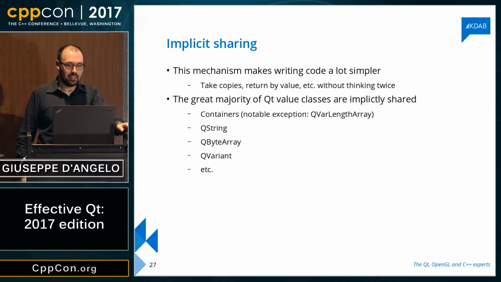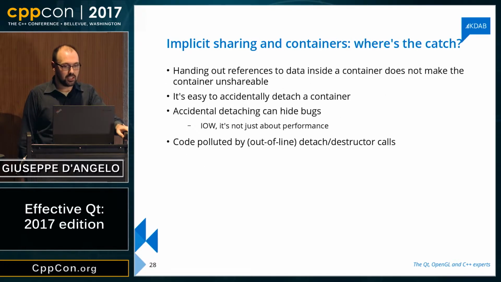All the containers, except for variable-length arrays, QString, byte arrays, variants, you name it, if it's a value class, 99% of the time it is implicitly shared and therefore cheap to copy. So all's good, right? Where's the catch? The catch is there are a few subtle bugs that might lurk in by the fact that these classes are using implicit sharing. I collected a few of those here, so let me discuss them one by one.